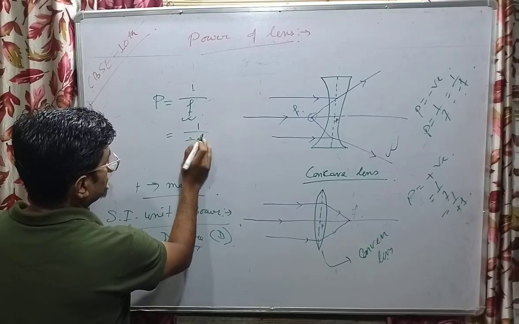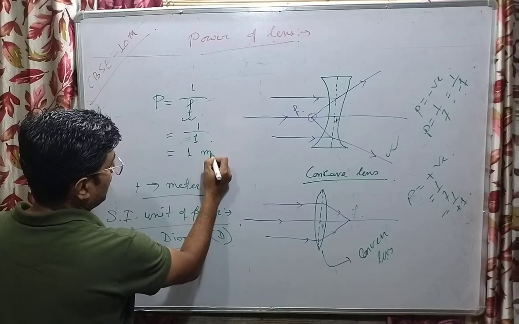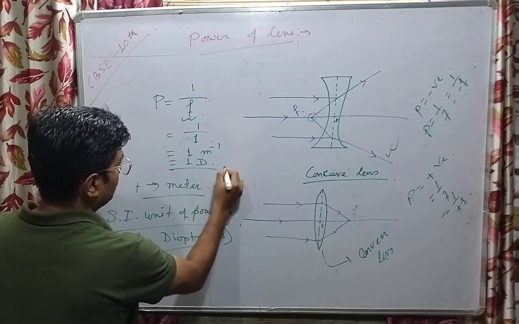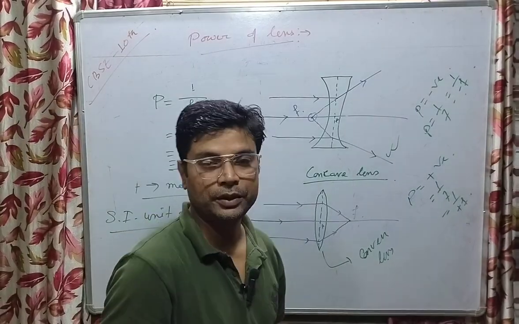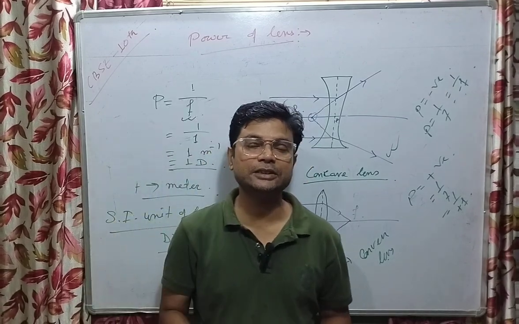It means focal length is 1 meter. 1 by f is equal to 1 meter inverse, which is equal to 1 diopter. We can say power of a lens is 1 diopter when focal length of that particular lens is 1 meter.